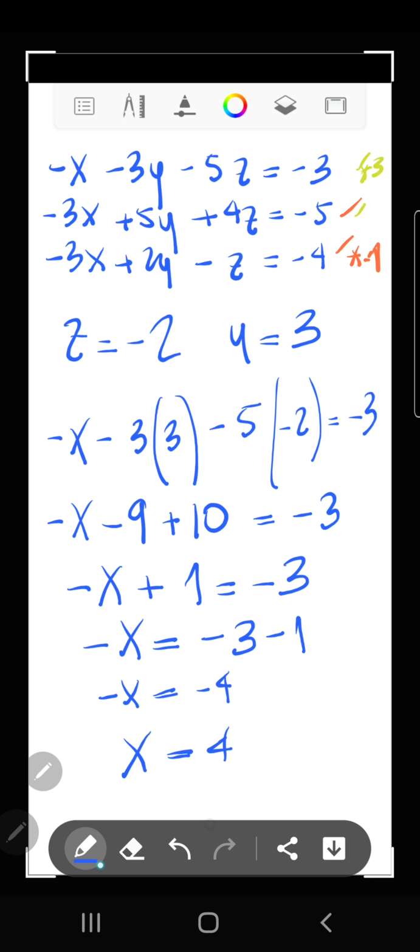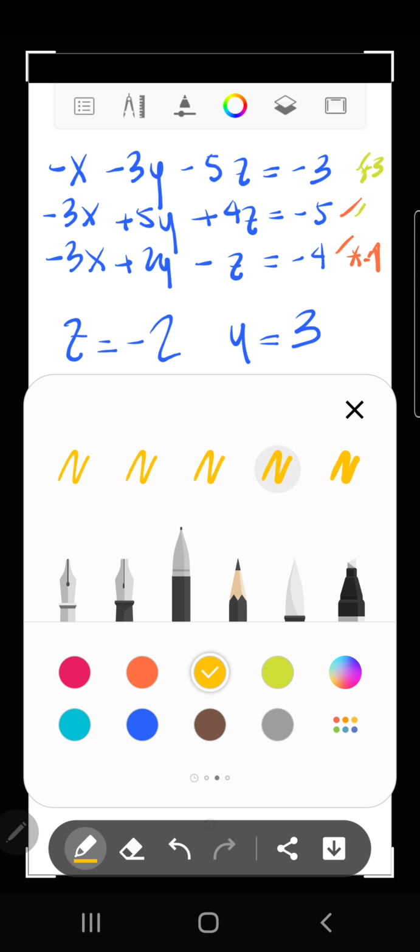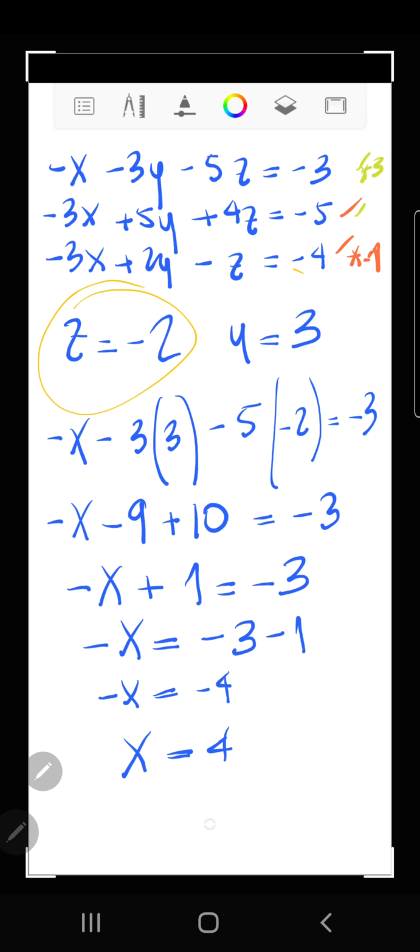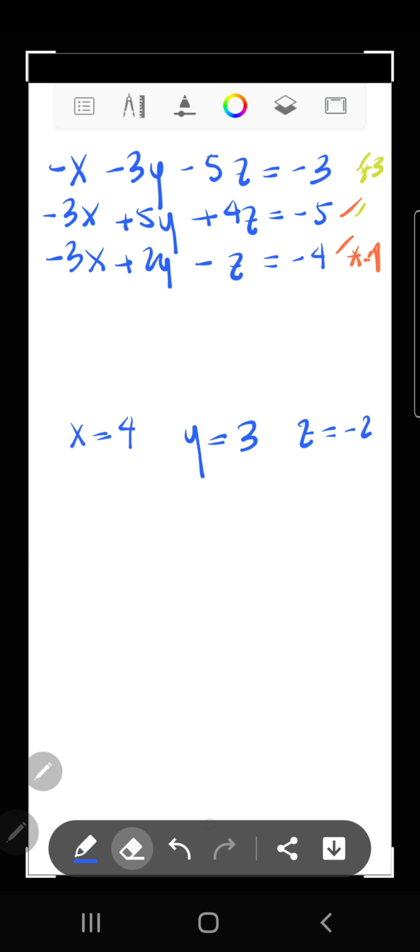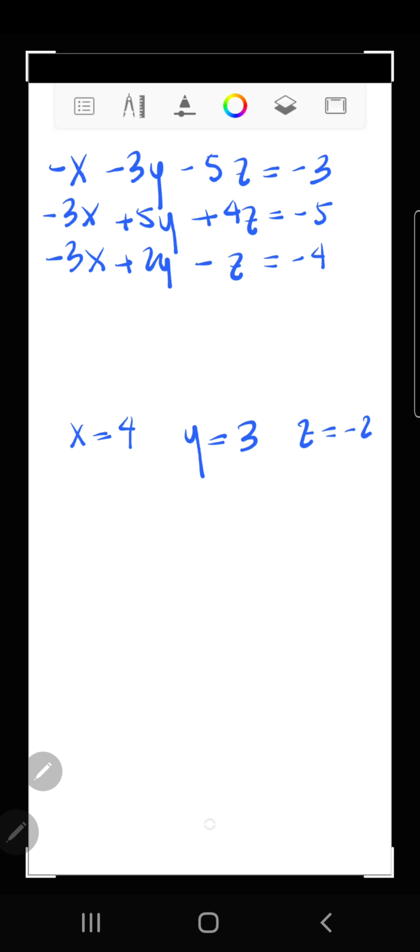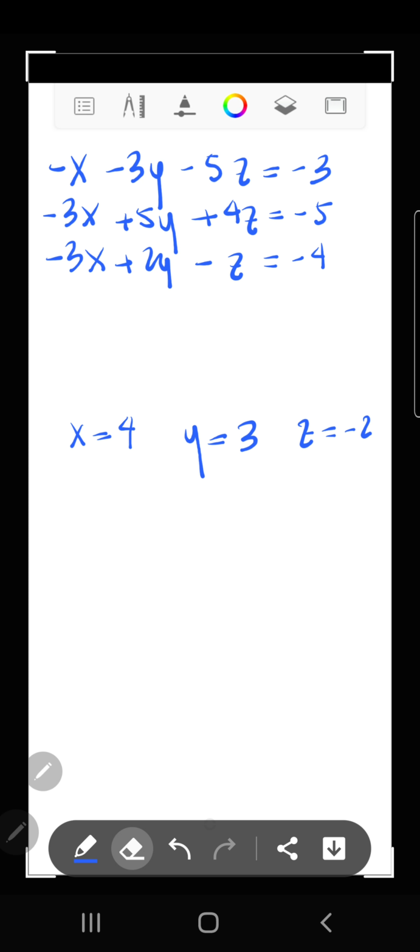And then now you have the 3 required values. To prove that you have the right values, you can substitute these values in any of the original equations and find the answer, and if it is correct, you will have the same answer.